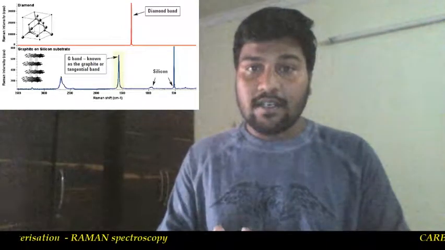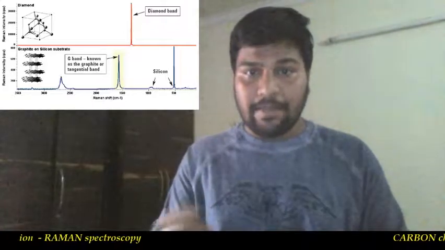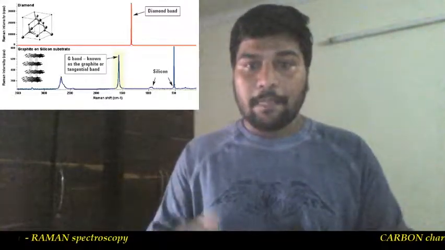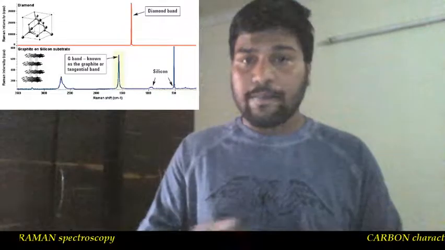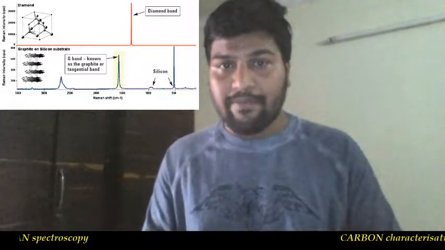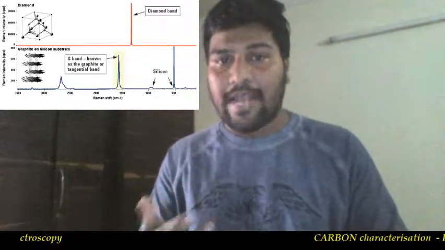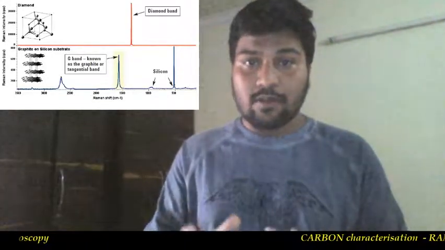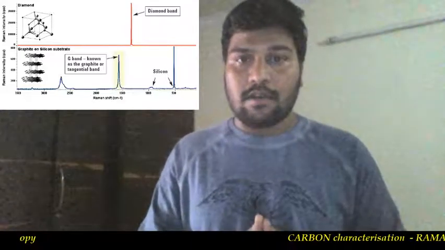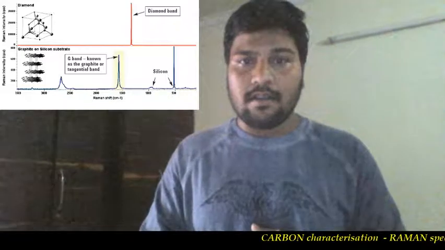Based on this deviation, we can sense what type of material it is. Raman spectroscopy alone can't justify the type of material. You need supporting characterization techniques as well, to strengthen your identification of that specific material.